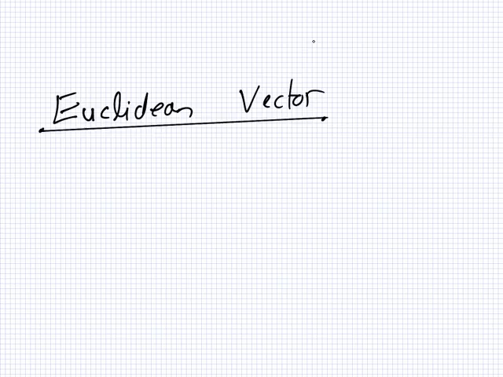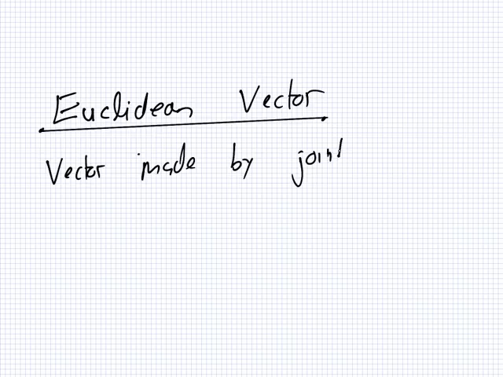So, what's one problem with how we were doing vectors in the last lesson and how we were doing it in physics? Well, it depends on you being able to draw a nice graph, doesn't it? Which is not really what way you want to be doing things in math. So a Euclidean vector is a vector made by joining two given points.